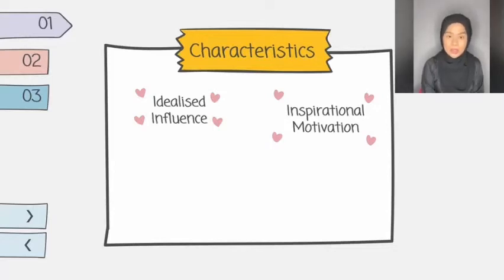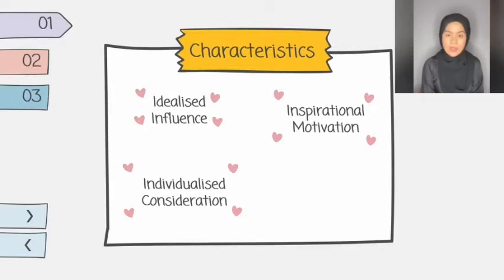The third one is individualized consideration, or known as IC. IC is when transformation leaders demonstrate genuine concern for the needs and feelings of teachers. This personal attention to each teacher is a key element in bringing out their very best effort and in developing the teacher's leadership potentials.